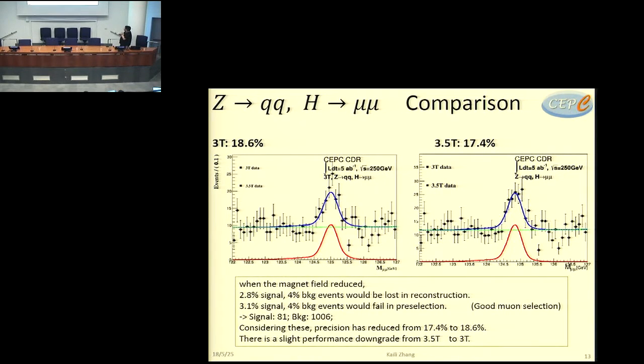So after the preliminary study, we can see the signal and the background are both reduced. Here the precision is reduced by 1% to 18%. And so we can conclude that there is a slight performance downgrade from 3.5 Tesla to 3 Tesla.